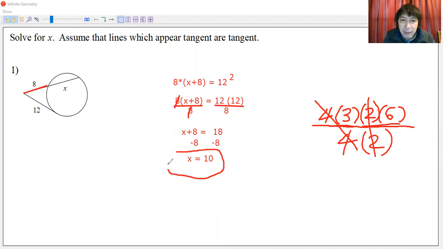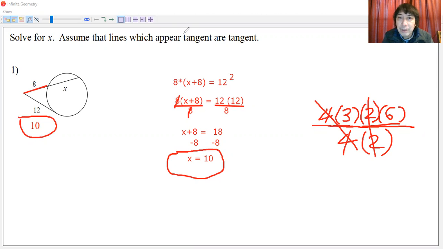This is our answer. Let us check and verify the value of x. Try to see the answer below or beside the diagram. Here you can see the answer from the computer. It's 10. The length of x is 10.